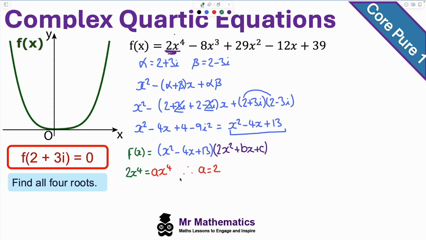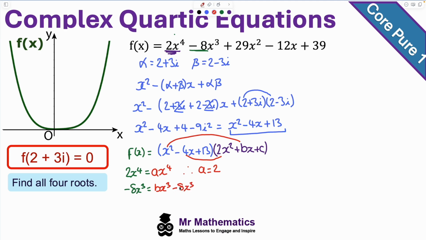We can equate the terms again, this time for the cubic term. So on the right hand side, we'll have negative 8x cubed, and this must be the x squared times the bx, so bx cubed, and then negative 4x times the 2x squared, which is negative 8x cubed.